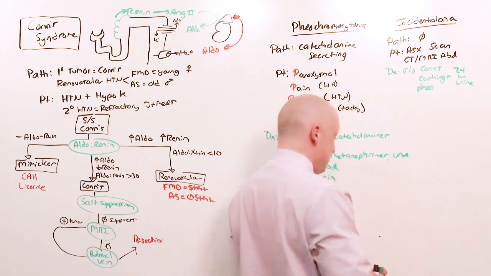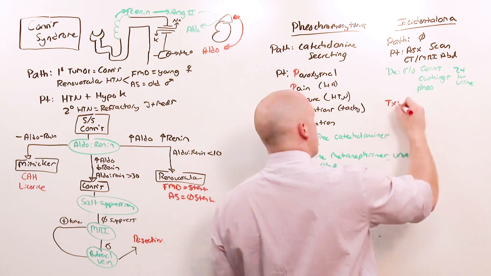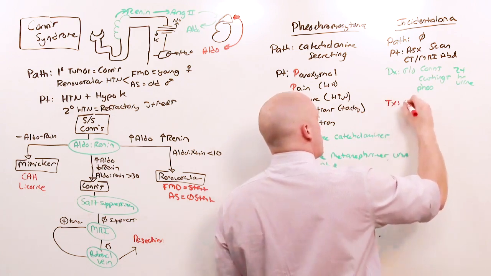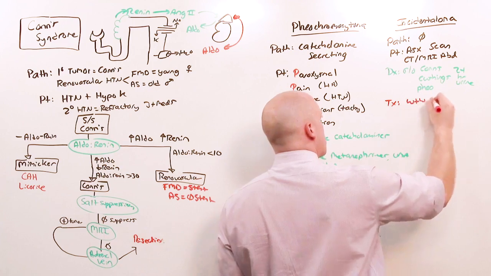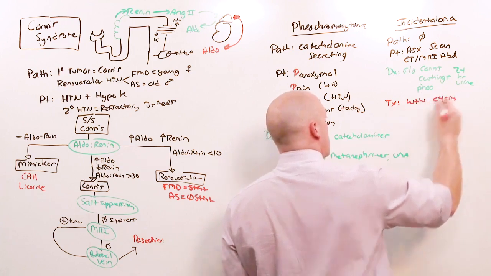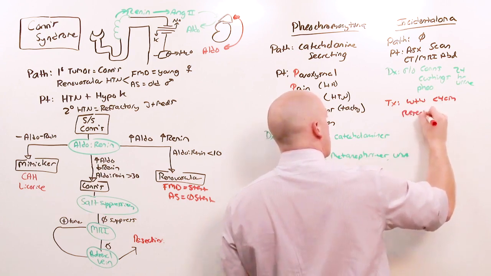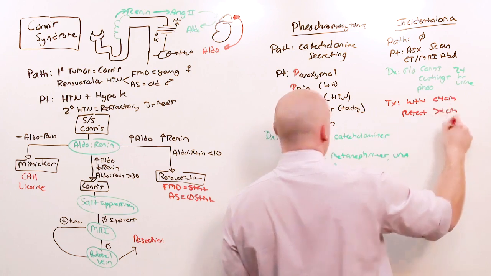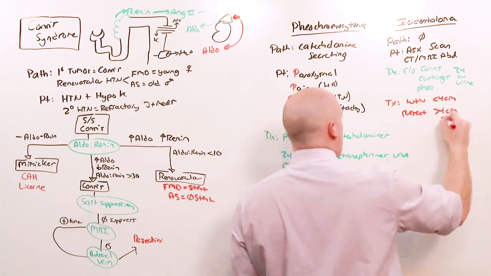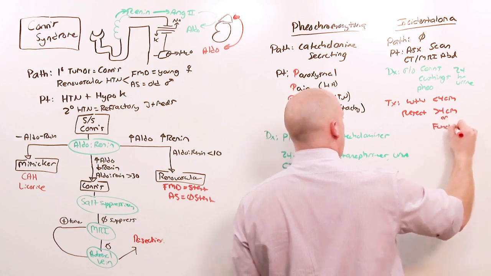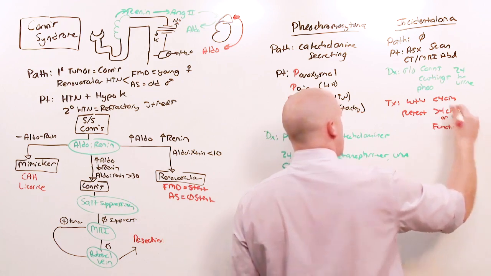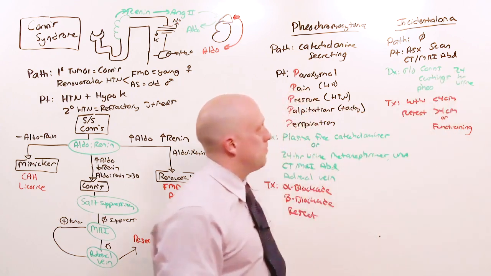And then you treat it. Either it will be less than 4 centimeters, in which case you watch and wait, or you resect it if it's greater than 4 centimeters, because it might be cancer, or if it's functioning. And you just answer the question, is it functioning, by getting a 24-hour urine.